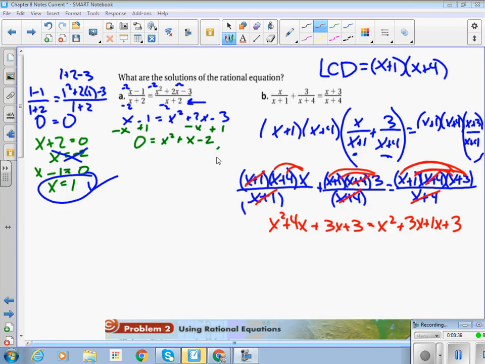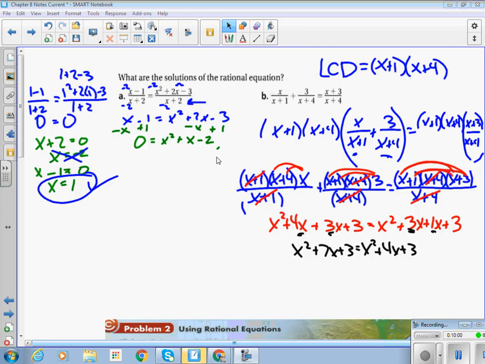Let's combine our like terms. So for us, that's these guys over here. So I get x squared plus 7x plus 3 equals x squared plus 4x plus 3, since 3 plus 1 is 4. We're going to go ahead and subtract everything on the right-hand side.